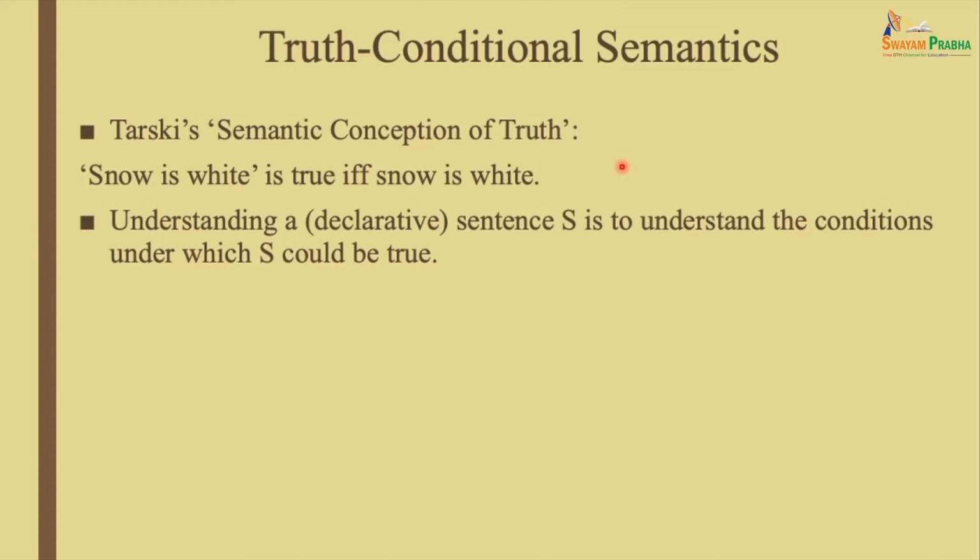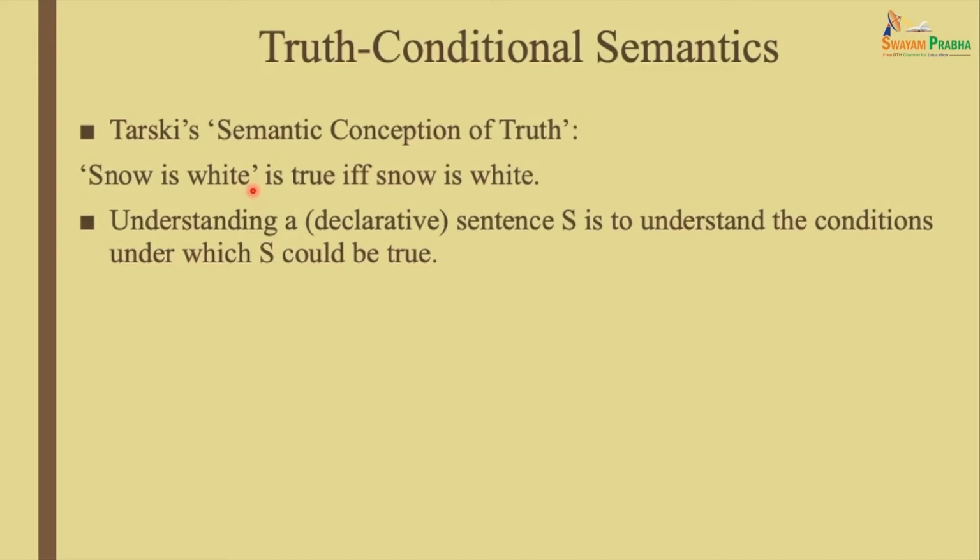Snow is white is true. Snow is white is a sentence, right? This sentence, snow is white, is true if and only if snow is really white. Little bit like the Naiyayikas' principle, if you remember: this is a snake is true if snakeness really belongs to the meaning of the word this.